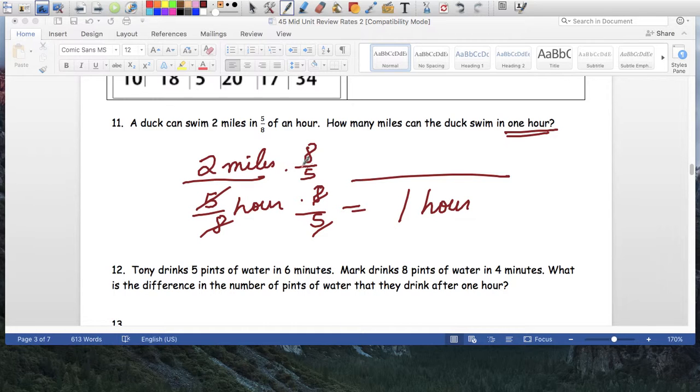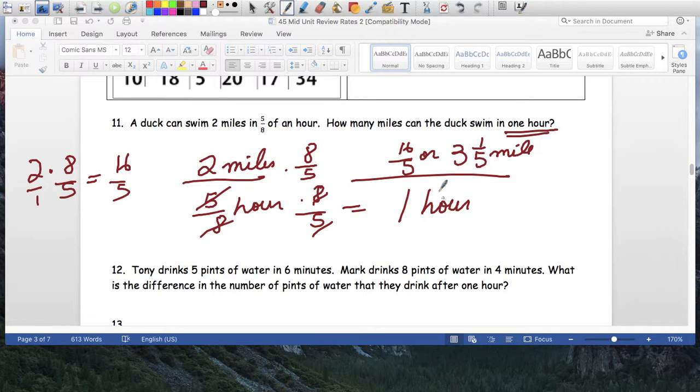12. Tony drinks 5 pints of water in 6 minutes. Mark drinks 8 pints of water in 4 minutes. What is the difference in the number of pints they drink in 1 hour? Okay, 5 pints es como un poco más grande que un vaso. Un poco más grande. 5 pints en 6 minutos y Mark 8 pints en 4 minutos. ¿Cuál es la diferencia después de 1 hora?